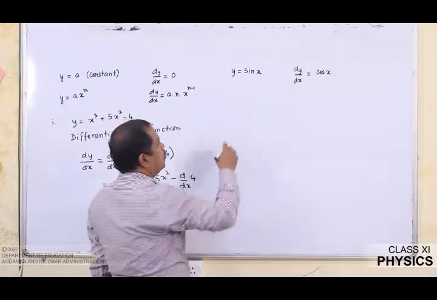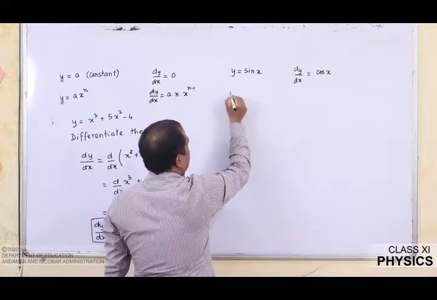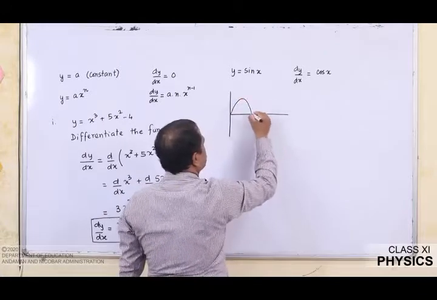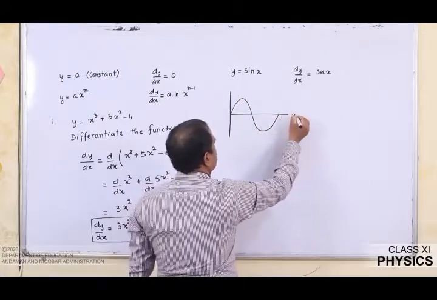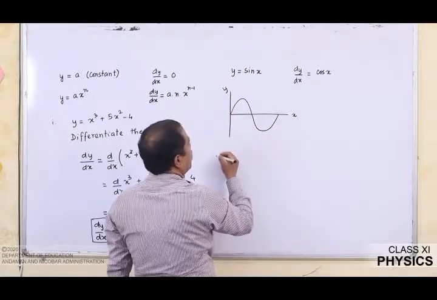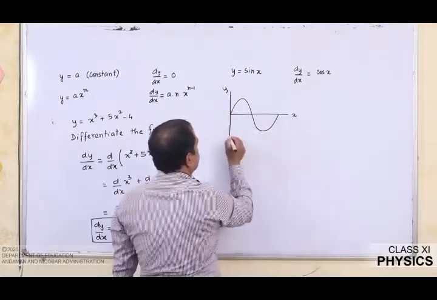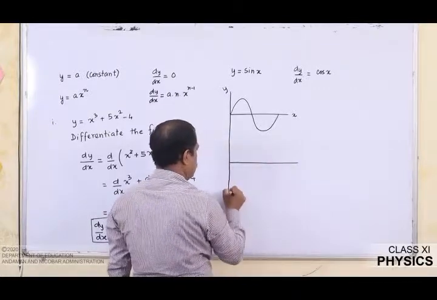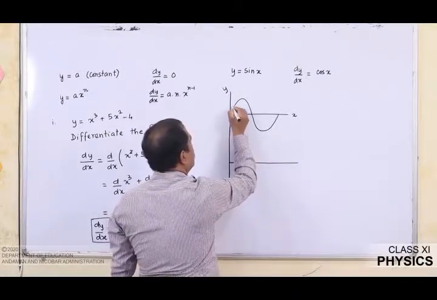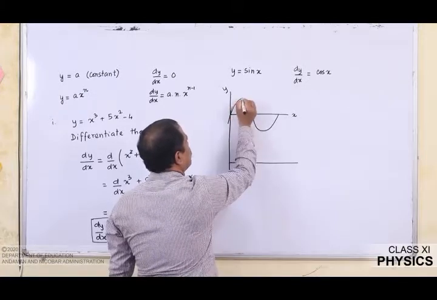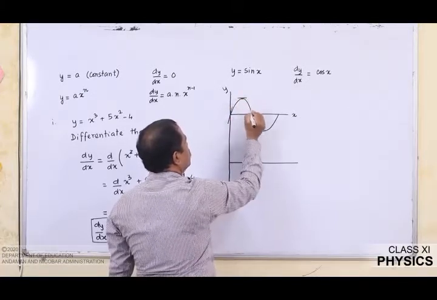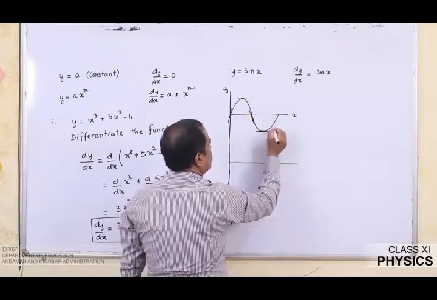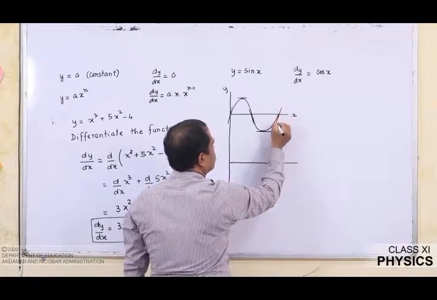If you want to understand the meaning, the function sine x varies like this. If this is x, this is y. Now this is nothing but slope. So if you try to plot the slope, at every point if you try to calculate the slope, here this is the slope, and at this point the slope is like this, at this point the slope is along the tangent, here the slope is like this, here the slope is like this.